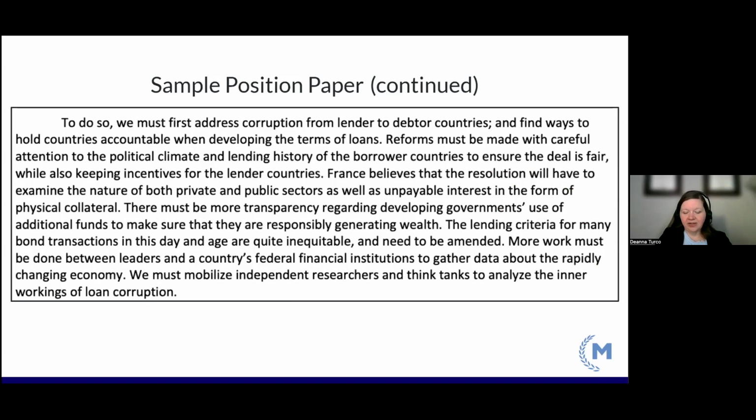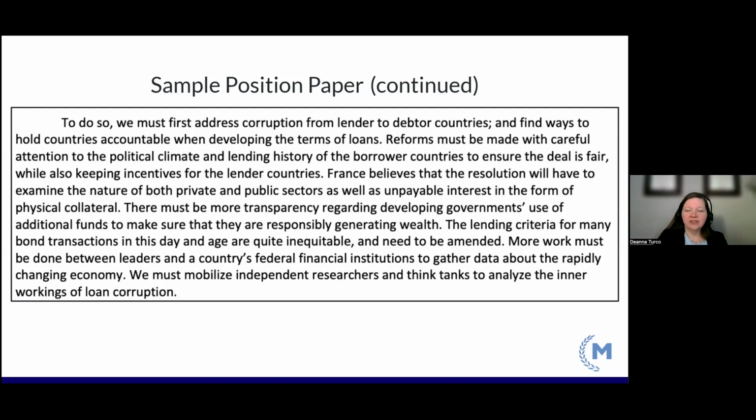This is the next paragraph following. But you see that this delegate from France talks about how to address the issues that were part of the background in the previous slide. Things like addressing corruption, making reforms, how to address fairness and transparency.